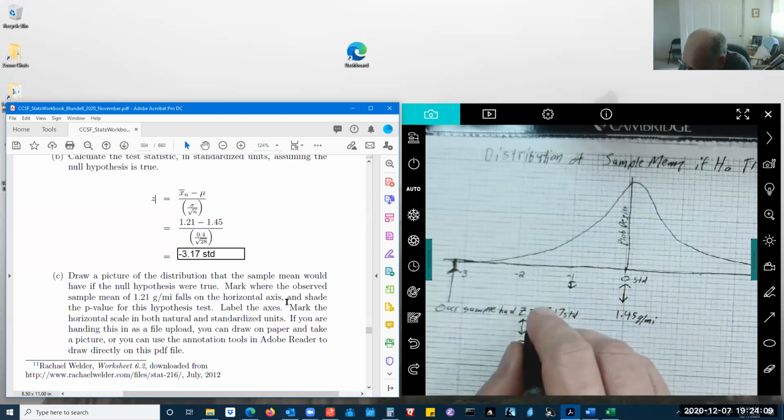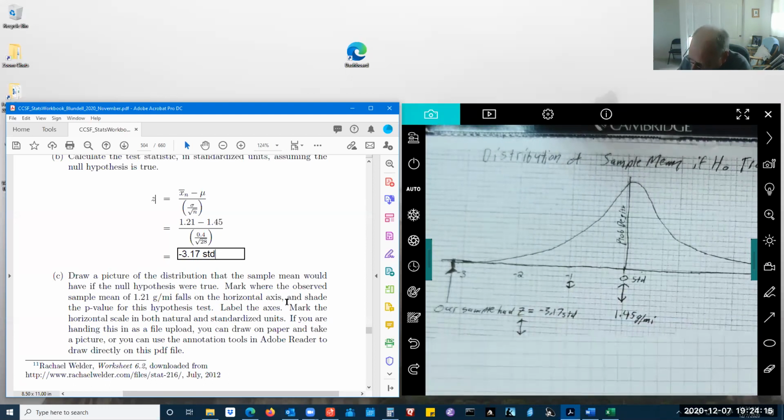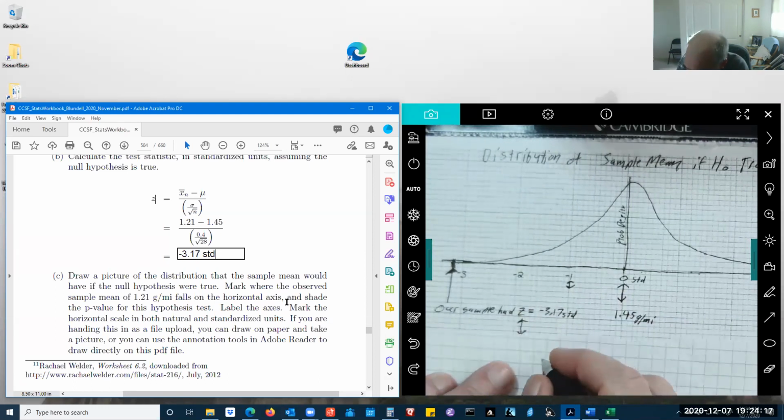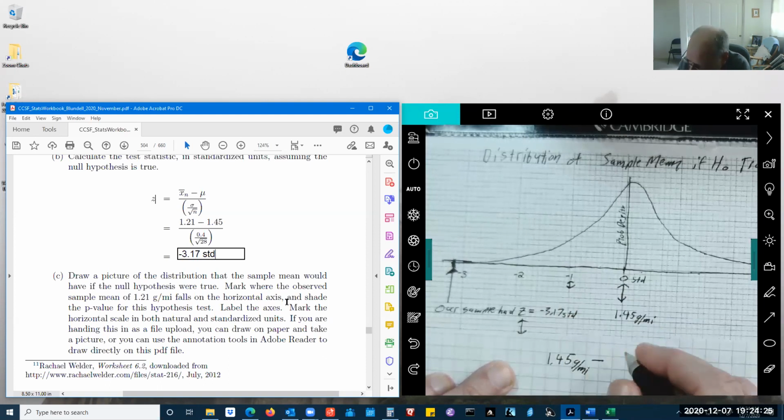So this would be, let me just do it on a separate piece of paper over here. If I do 1.45 grams per mile and take away 1 STD, that's minus 0.08 grams per mile roughly.